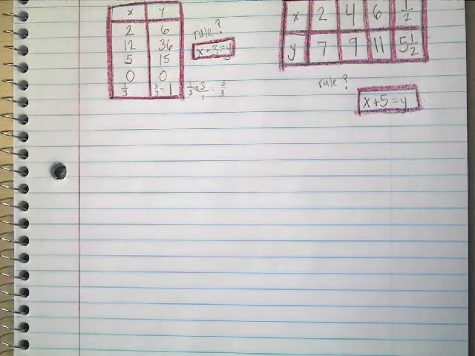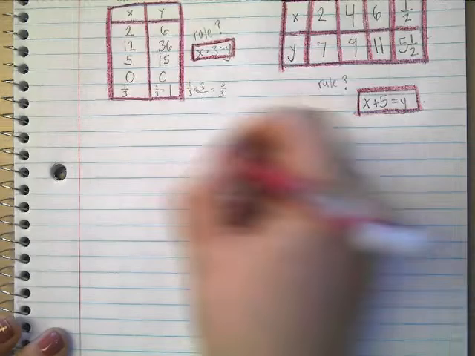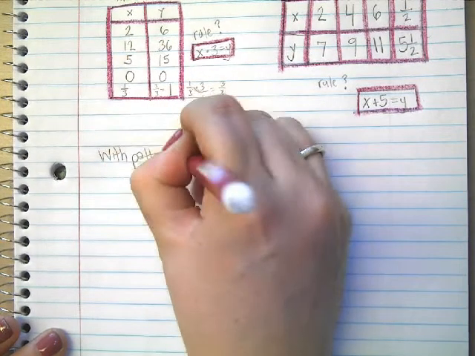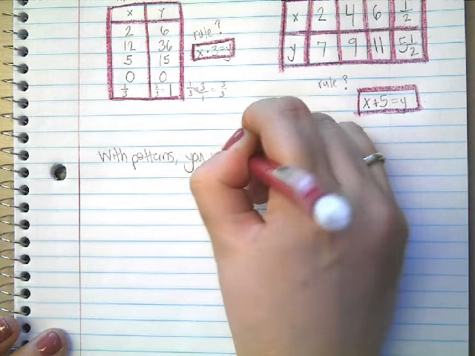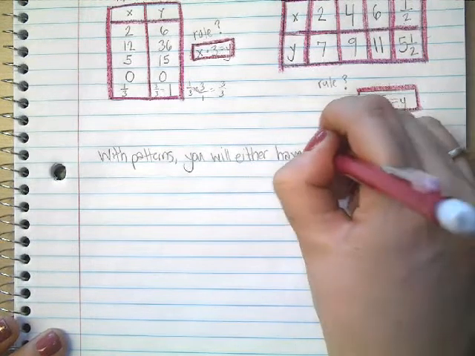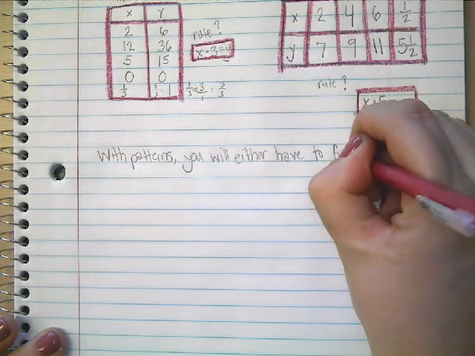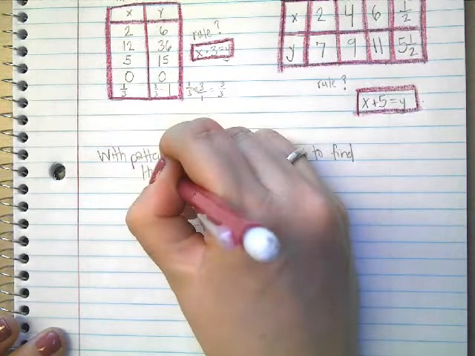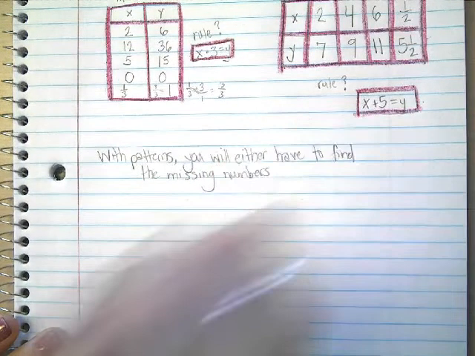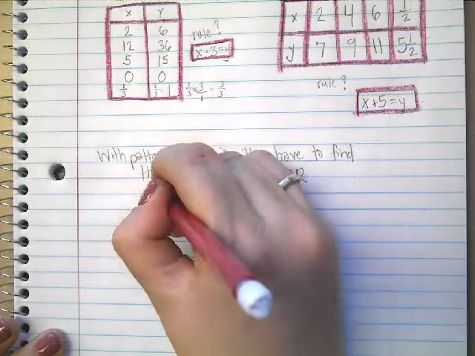All right, the next thing we're going to study is how to simply look at a list of numbers and find a pattern. So we're going to write this. With patterns, you will either have to find the missing numbers or find the rule.